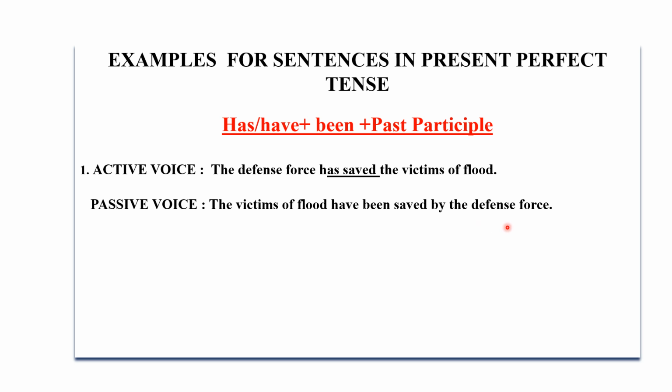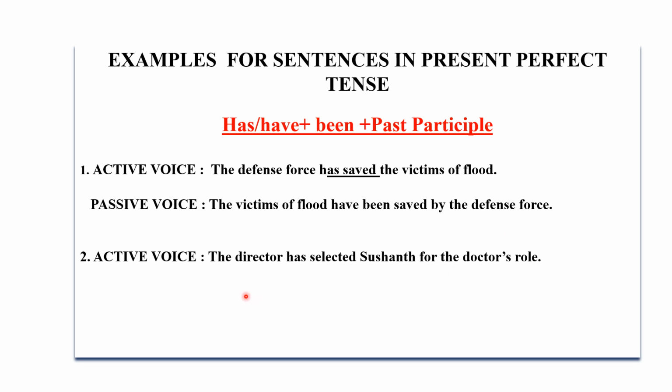So with three steps: identify the subject, then the object, then use helping verbs and the past participle form. One more example. The director has selected Sushant for the doctor's role. If you see here, the director is the subject, Sushant is the object, and has selected is the verb.